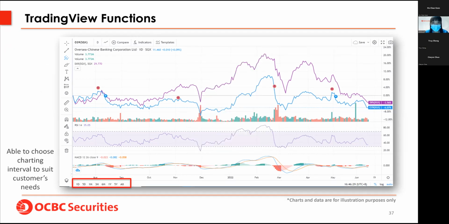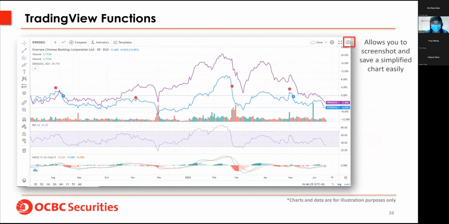There is also a massive library of technical indicators you can choose from, for instance, moving average. From this slide itself, you can also display the charts in custom intervals, such as 1 day or 5 days. For this expanded chart, you can also screenshot and save the chart with just a click.